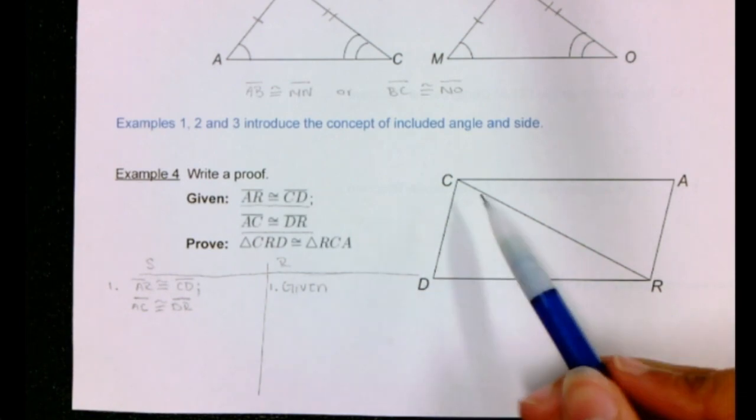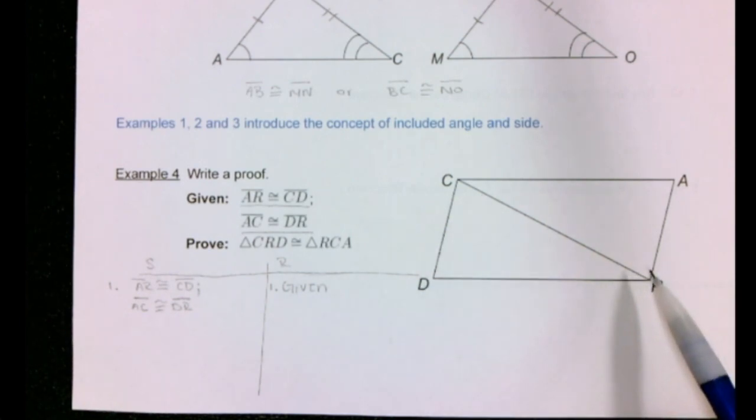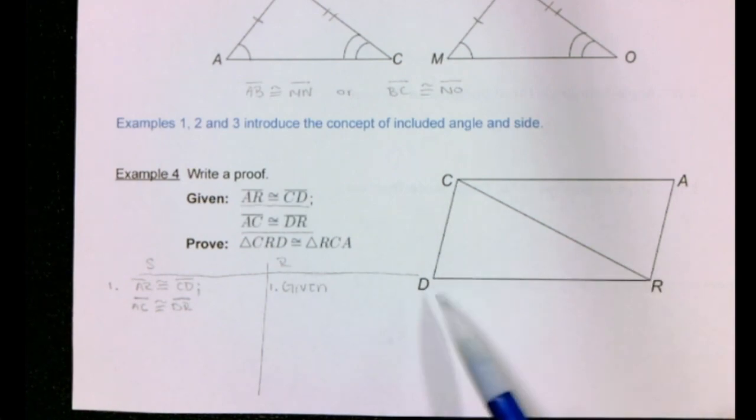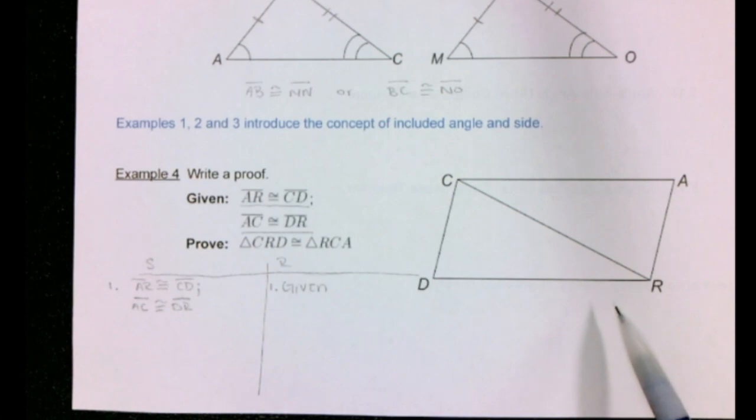If we want to prove these two triangles congruent, we either need to find angles, but we can't do that in this case, so we need to find the third side and prove that that side is congruent.